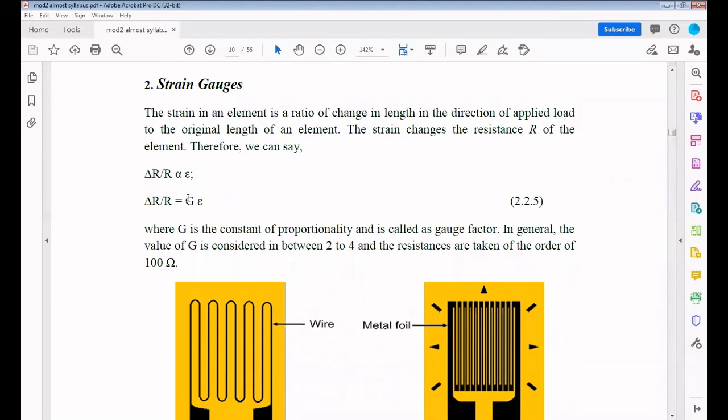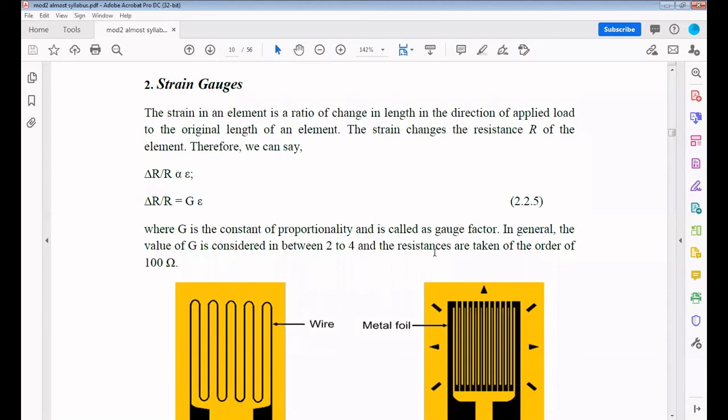If we take any material, that particular material has certain constants. Especially in an electrical system, when we take a conductive material, whatever it may be, it has a certain resistance, and due to that resistance there is a loss in that conductive material. G is the constant of proportionality, called the gauge factor.